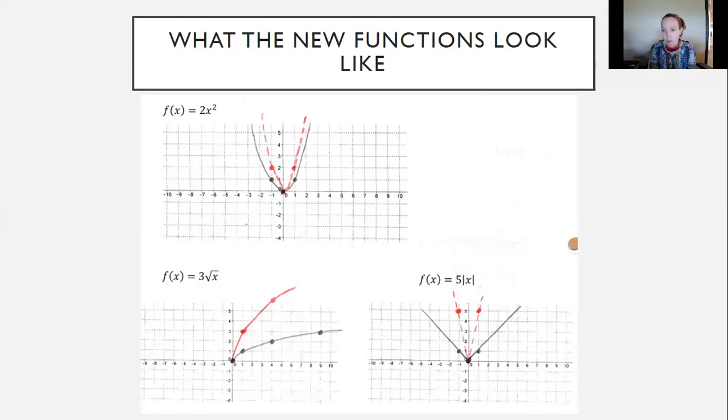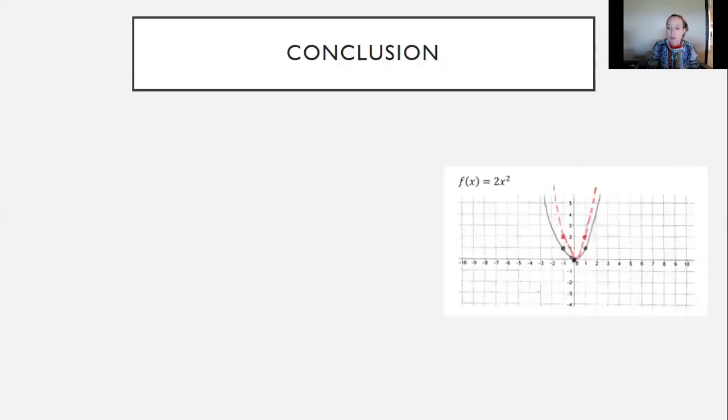That's why we ask you to put in those critical points on the parent function, so when we do a shrink or a stretch, we know you know what you're doing. So everything was kind of squeezed into that y-axis. Let's look at the conclusion.